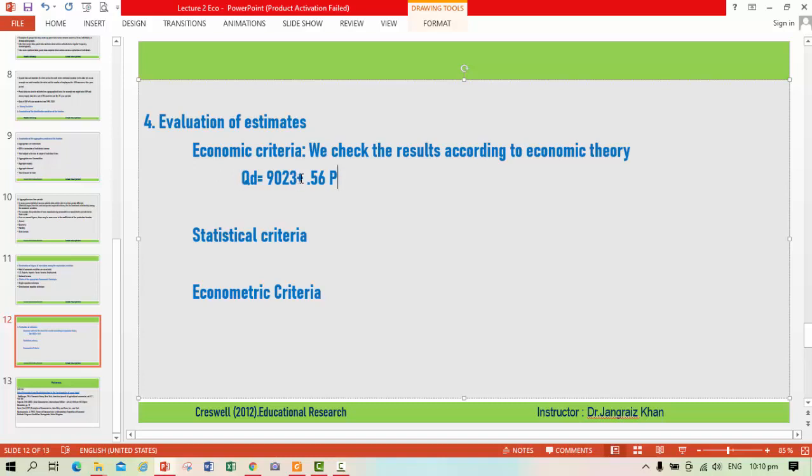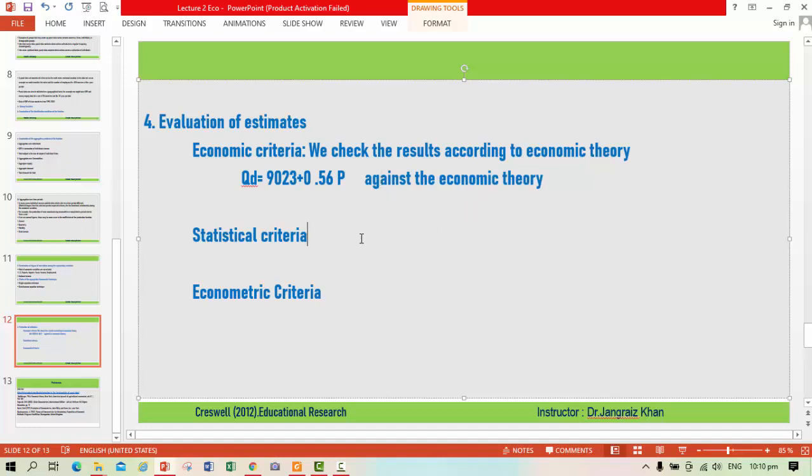Here you can see the sign is plus, which shows that the price and the quantity demanded are positively related, which is against the economic theory. So if you have a result like this, then you can reject the result because the economic theory does not support it.